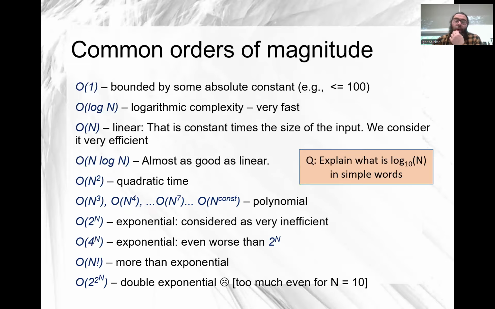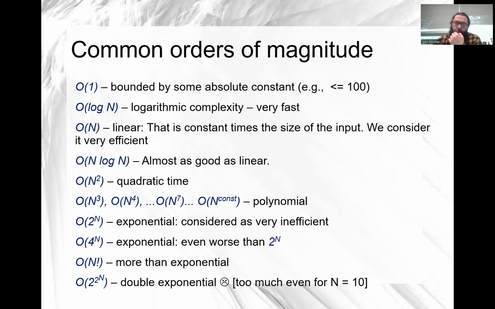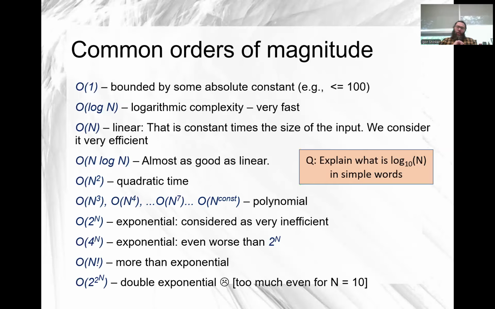Okay. Oh yeah, here is a question for you. Maybe you pause for a second and think about it. Can you explain to me what's log n? Explain to me in simple words, like I know nothing. Yes, I can draw the function and so on, but without drawing the function, what's log to the base 2 of n?